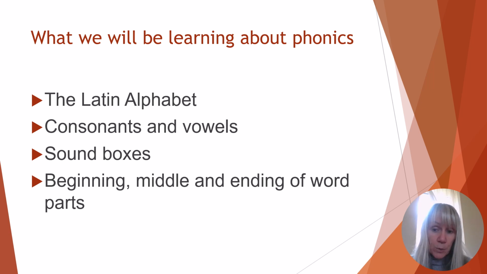Though every word part needs a vowel, not every word part needs a consonant. So some word parts or words will just be a vowel sound, like the article a, as in a cat. It doesn't have consonants, but it is still a word because it has a vowel sound. So we will be discussing that and how that works in great detail as we proceed as well.